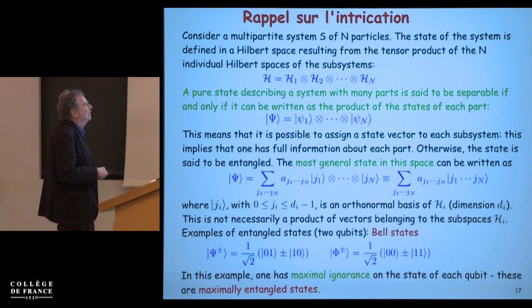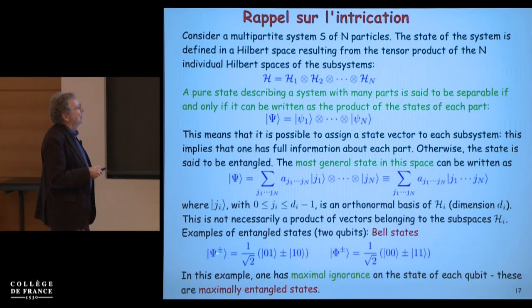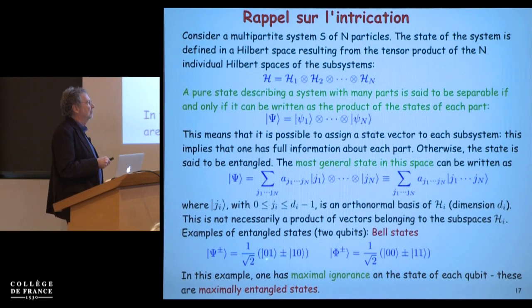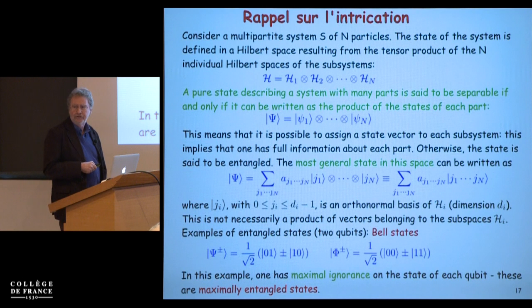Examples of entangled, or non-separable, states are these states here. They cannot be written as products of the state of spin 1 with spin 2. These are the famous Bell states. And you see that in this example, if we ask about the state of spin 1, it's 50% in state 0 and 50% in state 1.